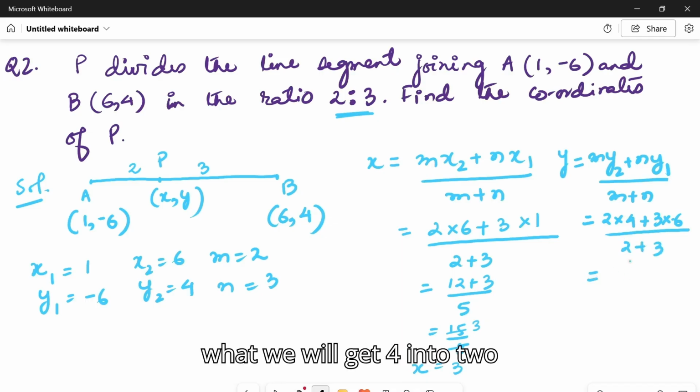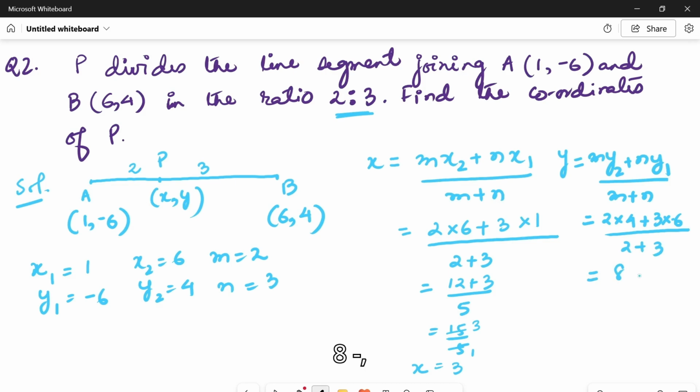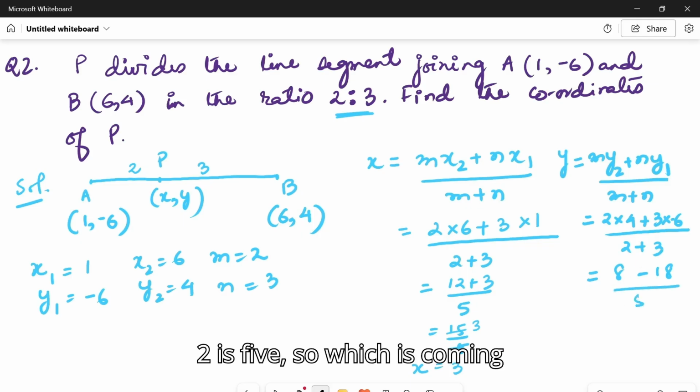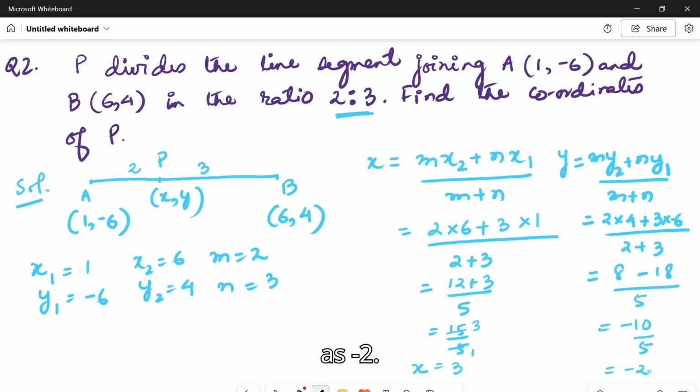So what will we get? 4 into 2 is 8, minus 18 because here it is minus, and upon 3 plus 2 is 5. So which is coming -10 upon 5, which will come as -2.